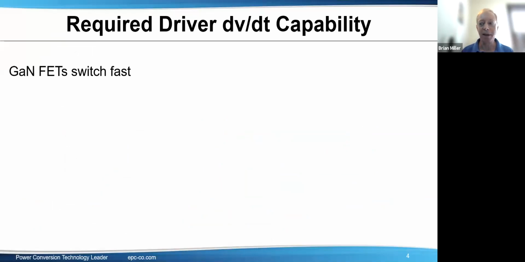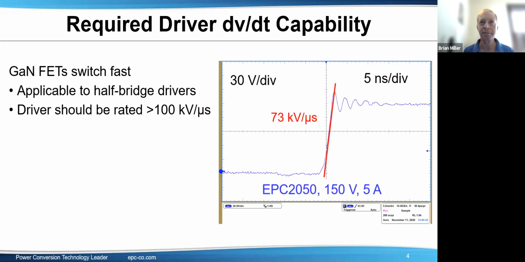Okay, next topic is the speed. GaN FETs switch very fast, and this is applicable to half-bridge drivers. You can see an example over here. This is an upcoming FET being switched at 150 volts at 5 amps. And look at this: this is 73 kilovolts per microsecond.